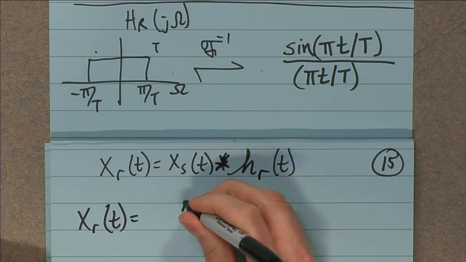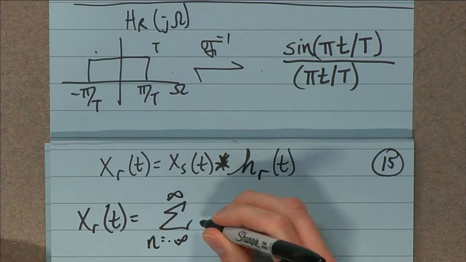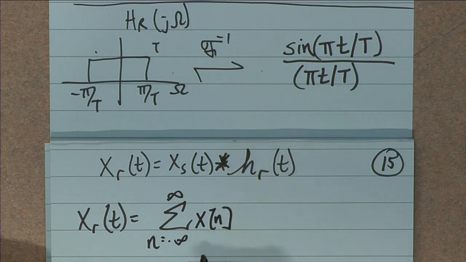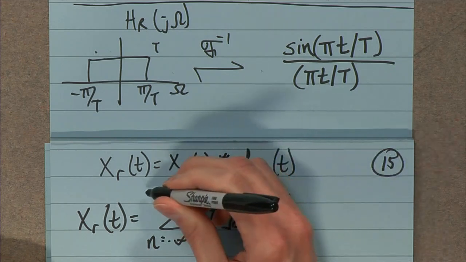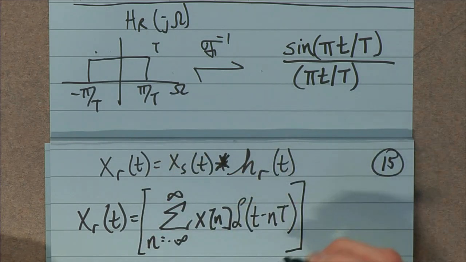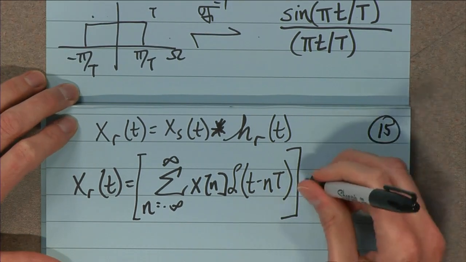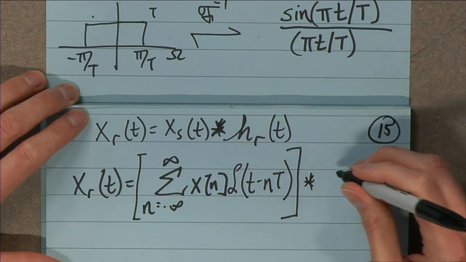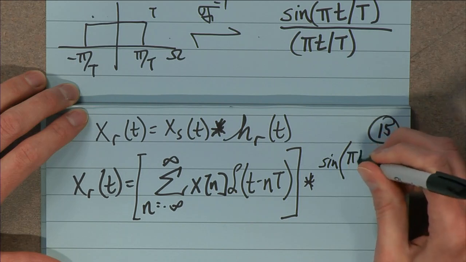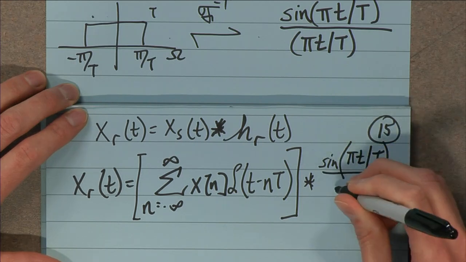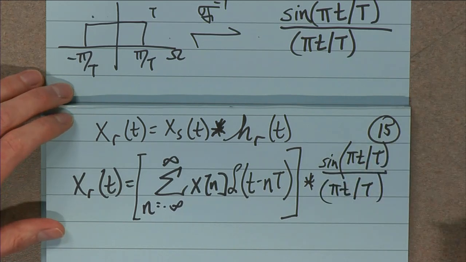What is the expression for the sampled one? This is our x of n's delta of t minus nT. So this is xs of t. We're convolving that with hr of t, which is that expression.